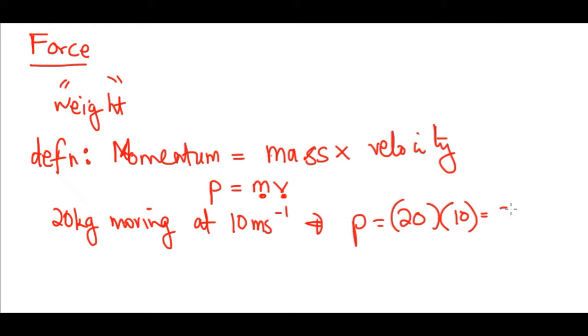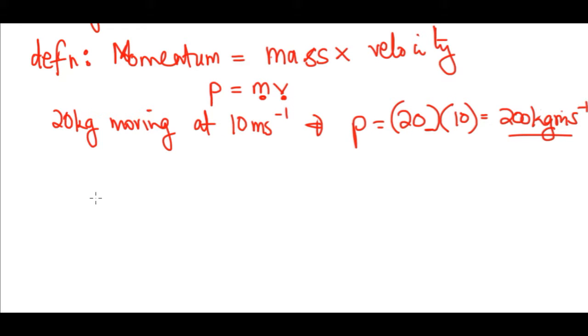It is equal to 200 kg coming from the mass, meters per second coming from the velocity. That is what momentum is. And these are the units for momentum, kg meters per second. Those are the SI unit, I'm saying SI unit for momentum. Straightforward stuff, right?